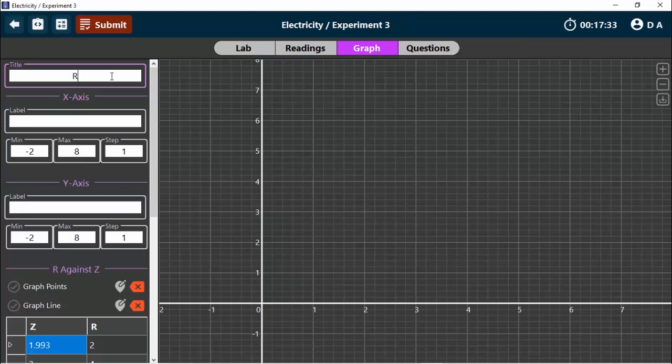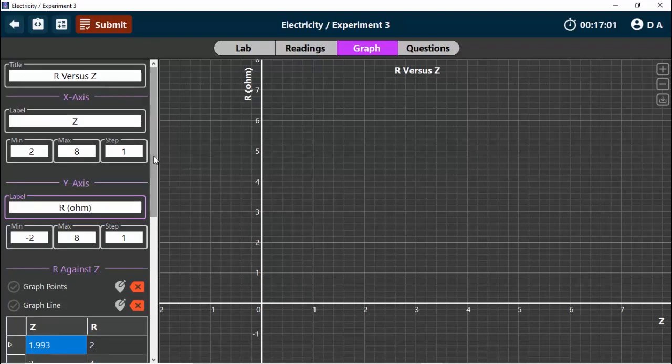So in this title, we have the graph of R versus Z. The x-axis label is Z, and it has no units because we divided ammeter reading by ammeter reading, like dividing the same unit, so it is unitless. Then the y-axis has a unit, which is ohm. That's the resistance of the resistance box.